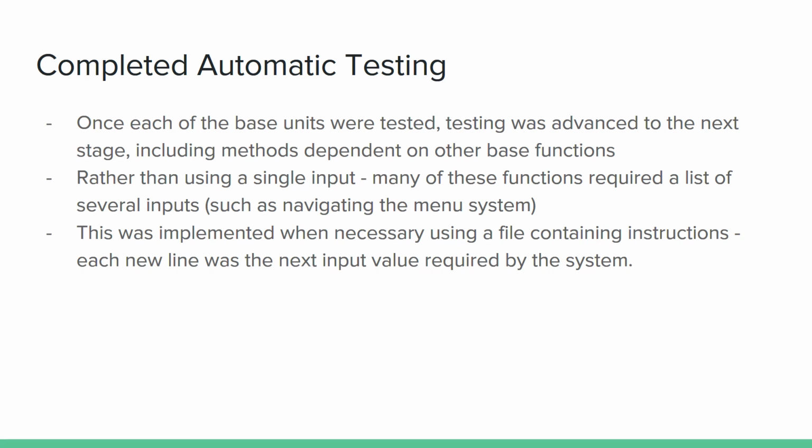Rather than using a single input, many of these functions require a list of several inputs, which is why the test cases were hard to come up with. We had to make sure that we could give verifiable and good pieces of input in order to actually compare our expected results to the actual results.